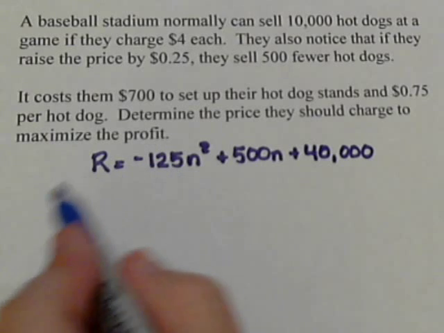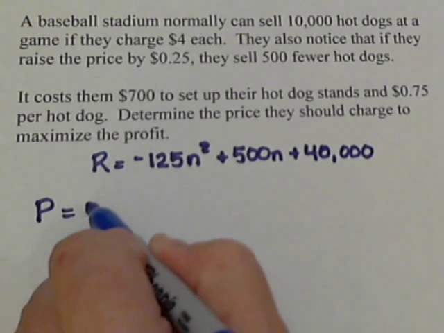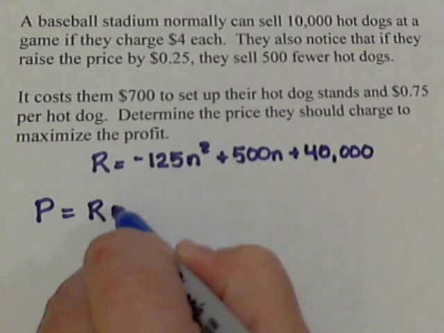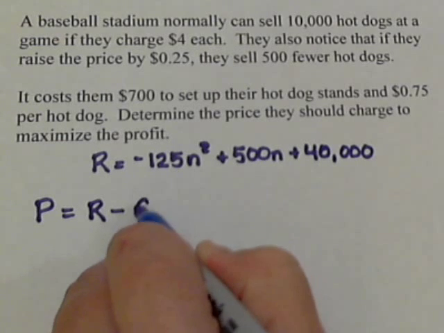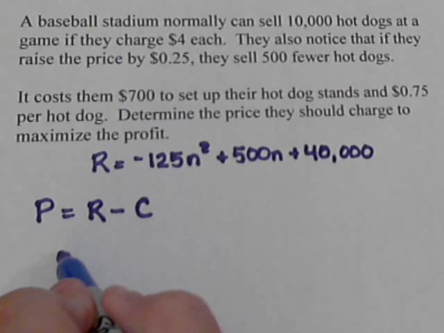Okay, so now let's talk about profit. How do you find profit? To calculate the profit, you take your revenue, the money you bring in, minus any cost that you have. Okay, so, here we go.